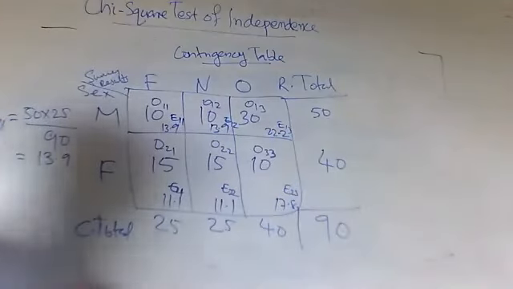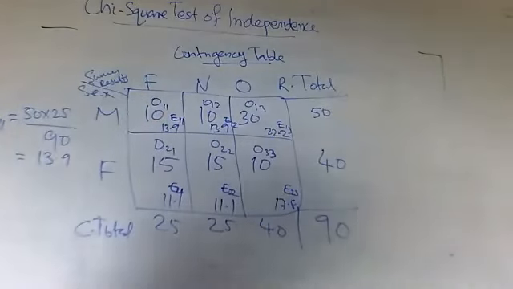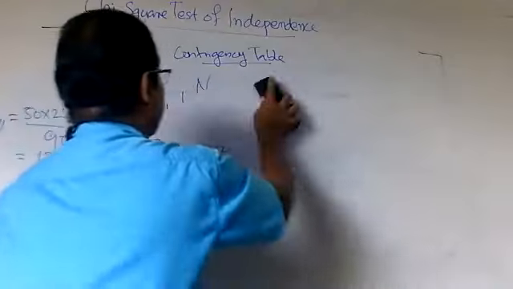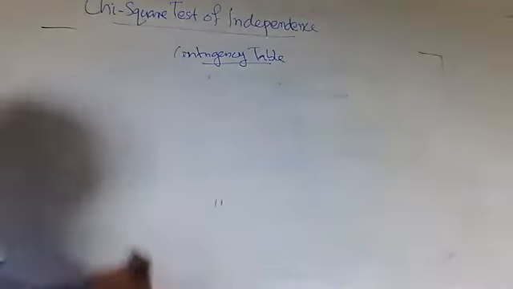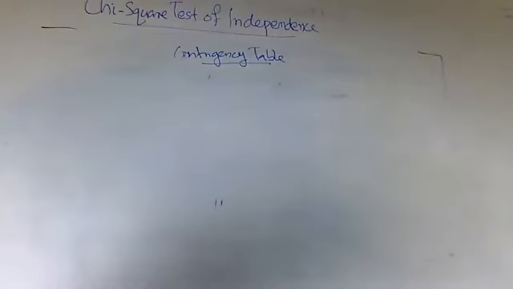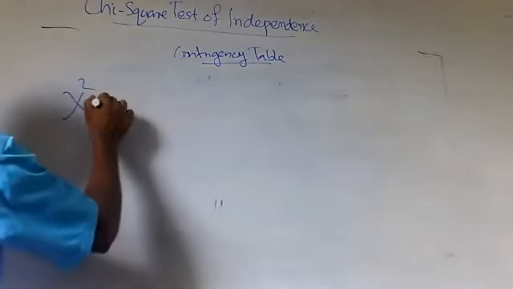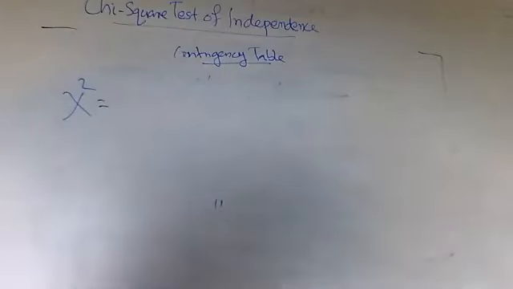Now using these observed and expected values, you find out the chi-square value. How to get the chi-square value? You subtract the expected value from the observed value in each and every cell.